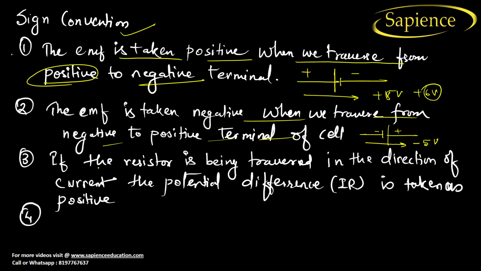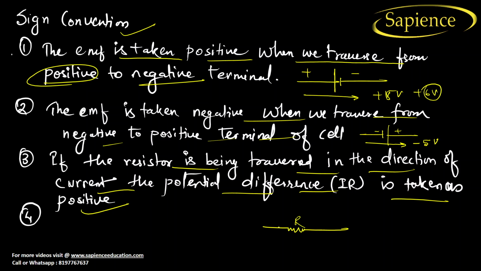Now if the resistor is being traversed in the direction of the current, the potential difference IR is taken as positive. What do you mean by this? See here, if R is the resistance and current I is going and you are also going in this direction, there will be positive voltage drop IR.